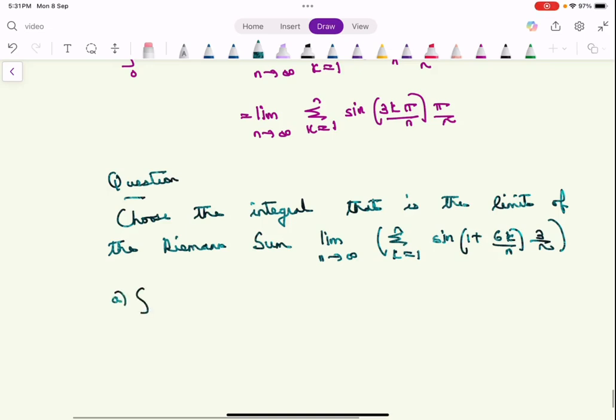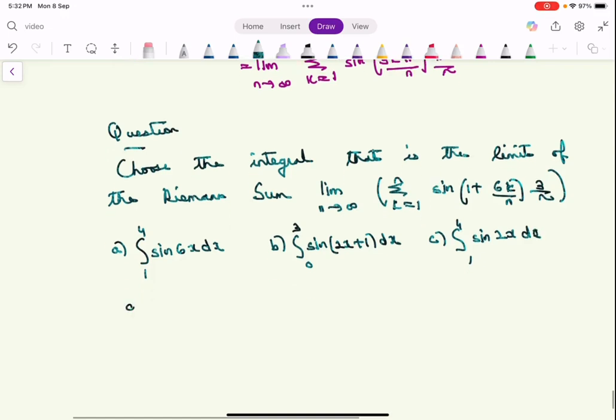So your choices are: A, integral 1 to 4 sine 6x dx; B, integral 0 to 3 sine 2x plus 1 dx; C, integral 1 to 4 sine 2x dx; and D, integral 0 to 3 sine 6x plus 1 dx.